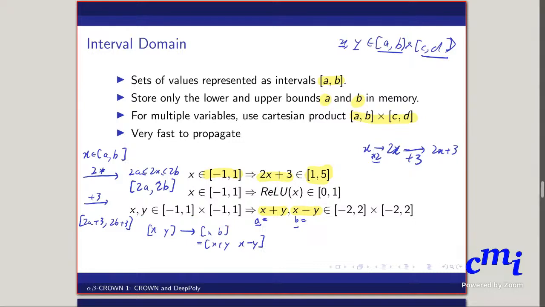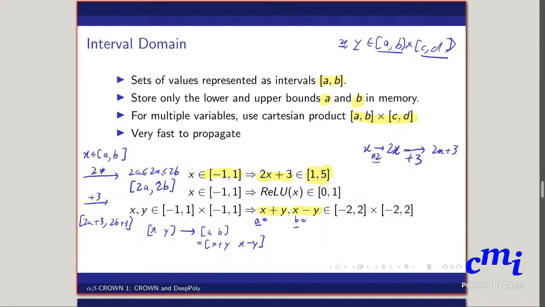Now what we have calculated is that x plus y will be between -2 and 2, and x minus y will also be between -2 and 2. And in fact, for x plus y, that is the smallest interval we can come up with, because it is possible that x plus y is -2 and it is possible that it is 2. So you cannot have a smaller interval, or you'll miss the -2 and the 2 values. Similarly, for x minus y, it is possible that it will be -2 or 2. So you cannot get a smaller interval without missing some values, right?